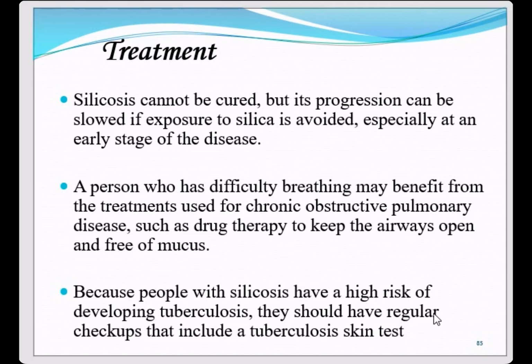They can use drug therapy to keep the airways open and free of mucus. It can help them have a normal life during treatment, but it won't cure the disease.